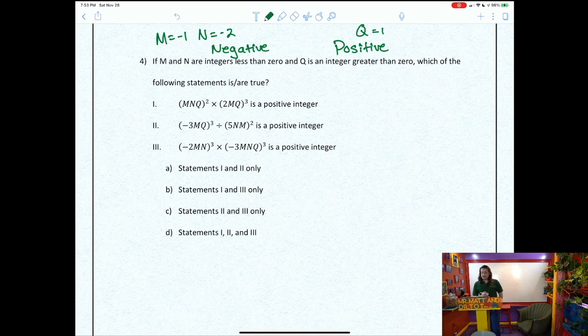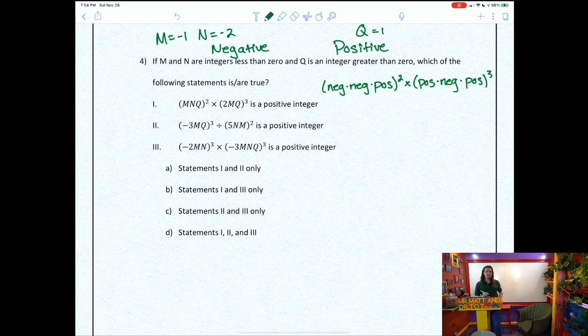So number 1, we have m times n times q, quantity squared. So that's going to be a negative times a negative times a positive, quantity squared, times 2, which is positive, times m, which is negative, times q, which is positive, quantity cubed.